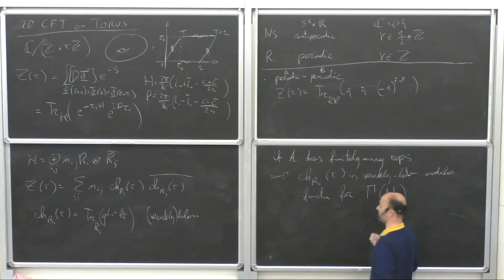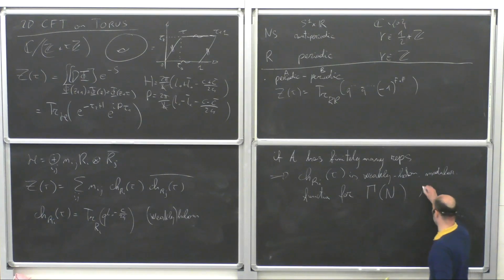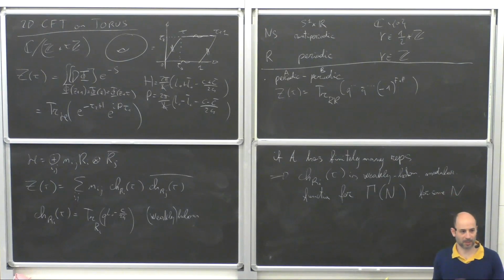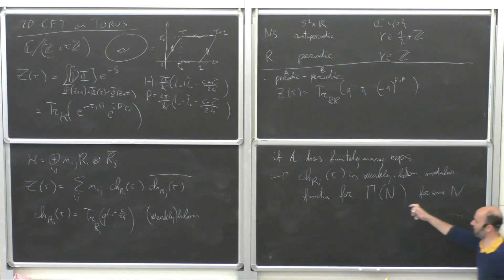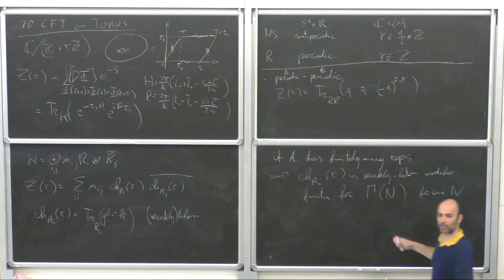In general, you can take a congruence subgroup Gamma(N) for some level N. So each representation gives a weakly holomorphic modular form for Gamma(N).